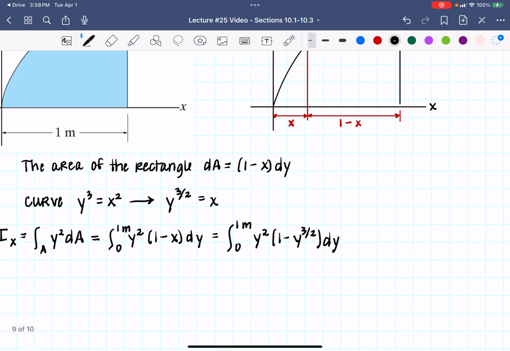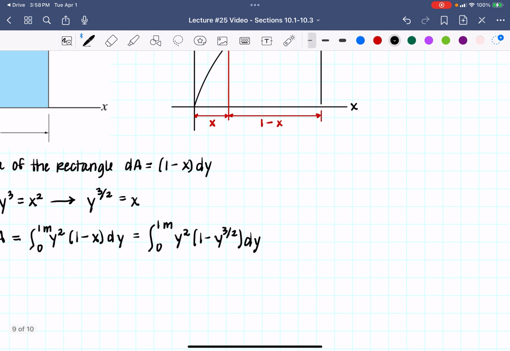I'm going to distribute that y squared out a little bit to make it easier to integrate. So from 0 to 1 meters, I'm going to have y squared minus y to the 7/2, because 2 plus 3/2 gives me 7/2, dy.